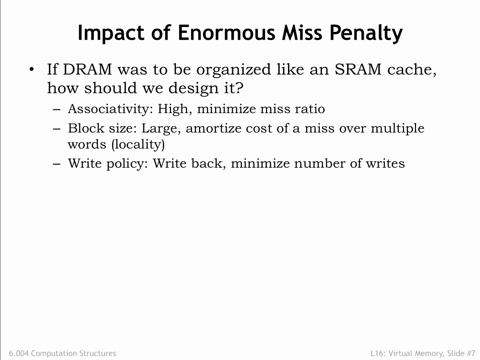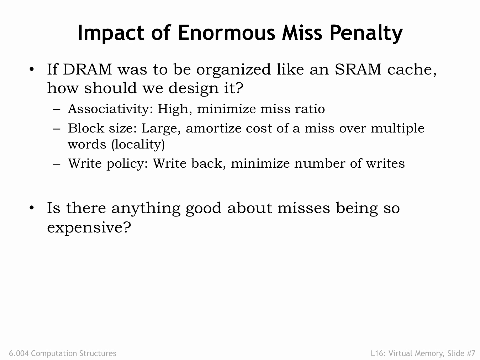And, given the principle of locality, we'd expect to be accessing other words of the block, thus amortizing the cost of the miss over many future hits. Finally, we'll want to use a write-back strategy where we only need to update the contents of disk when data that's changed in main memory needs to be replaced by data from other blocks of secondary storage.